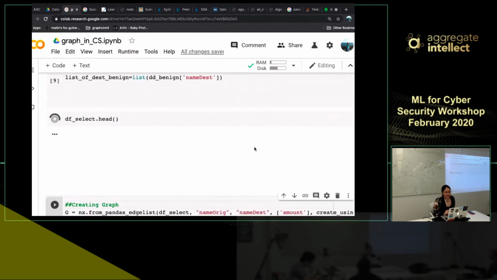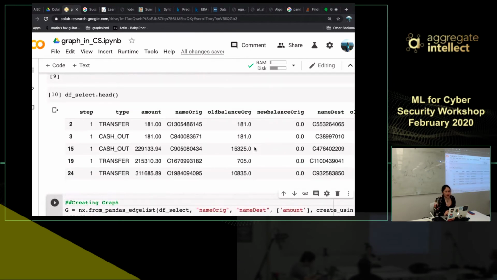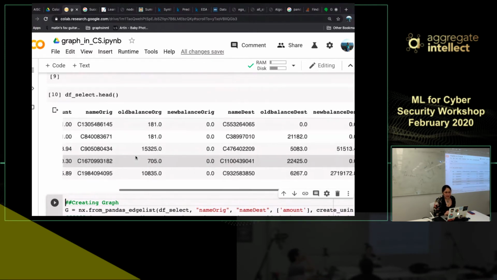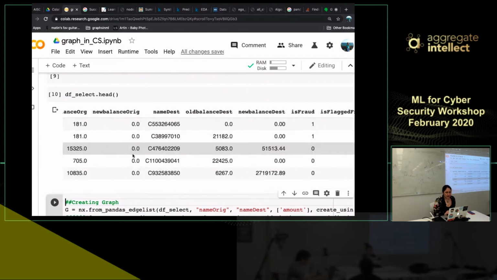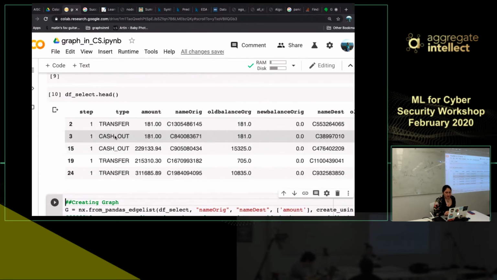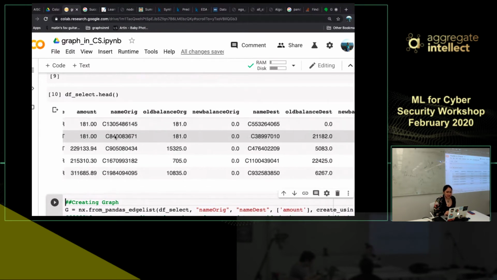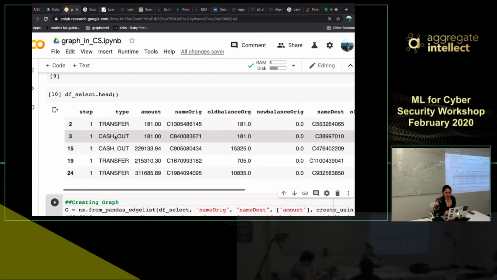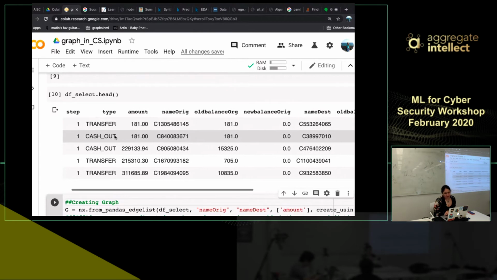So again, look at the schema. Now we only have transfers and cash outs, and different balances. Something is interesting, you can see right away here. This data has a problem.